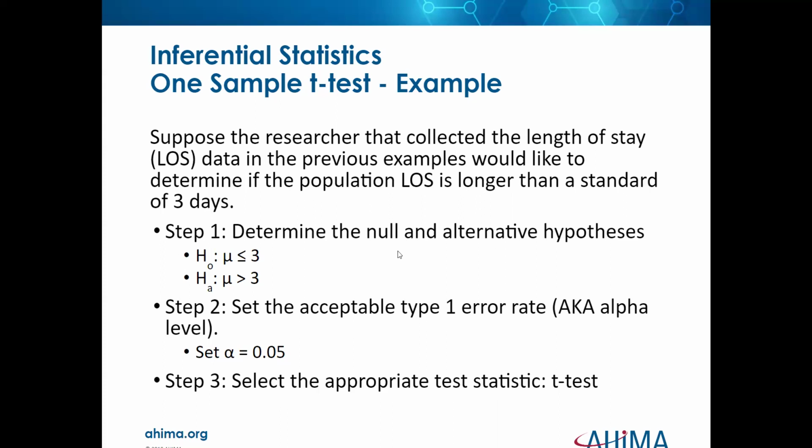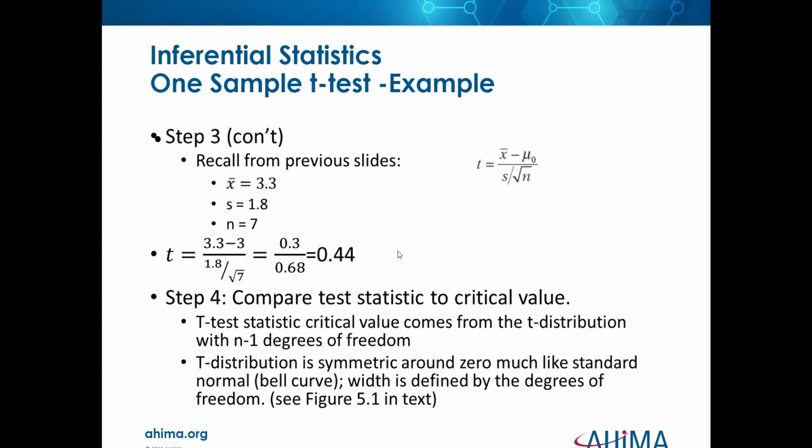Then we want to select the appropriate t-test. So if we have 3.3, standard deviation of 1.8 from our previous sample, and then we do the math here, we wind up with a test statistic of 0.44. And then we compare this test statistic to the critical value. So in this case, it's around 0, much like the standard normal bell curve, as we can see in the figure on the next slide.